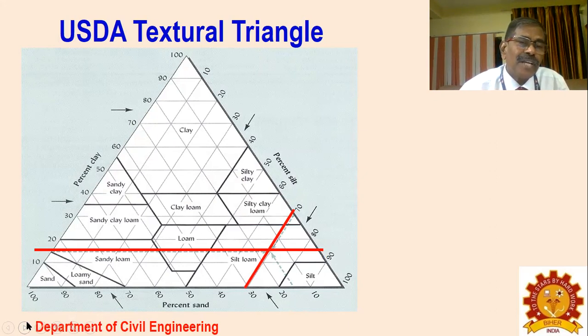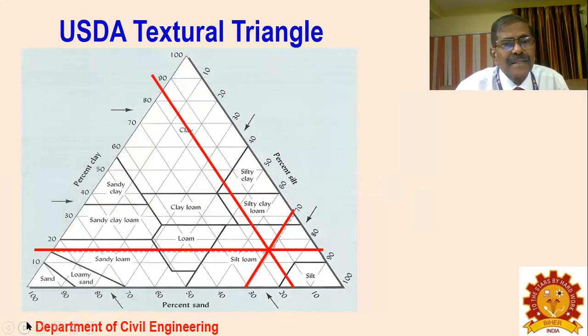Then the percentage of clay on the other axis goes on reducing, and the percentage of clay is 100% at the top, and that inclined red line shows the percentage of clay present. So the percentage of clay is very high when it is above the red line. That is called the textural triangle, and it is the USDA classification of the soils.